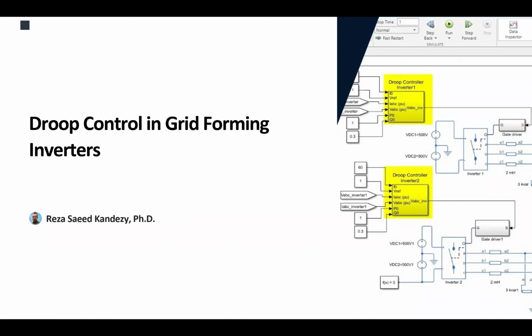And we mentioned that the main control strategy that grid forming inverters adopt for controlling their output, and basically supplying enough active power and reactive power to answer the load at their terminals, is the Droop control.